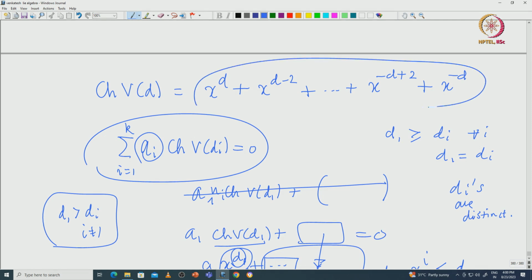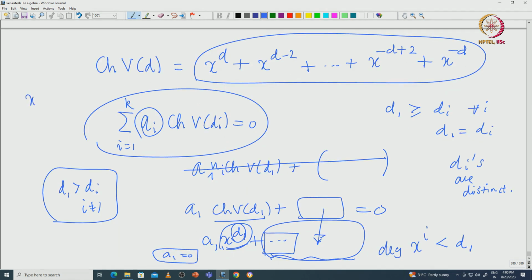You can simplify this. I believe the simplified form should be something like this: x power d minus x power minus d divided by x minus x power minus 1. Maybe we can trace back and see whether this is correct.